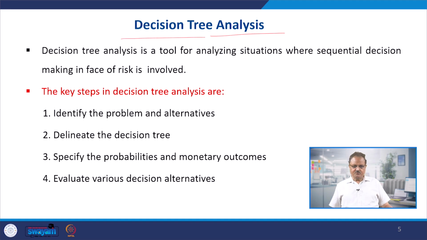Then on the basis of the tree we delineate, we are going to evaluate the options or the outcomes, and finally say whether the project is worthwhile, whether we can take up the project or not.